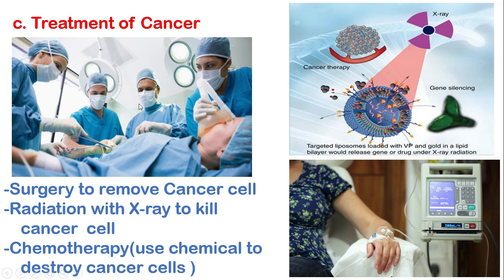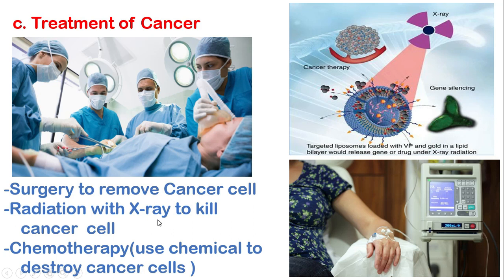The first one is surgery to remove cancer cells. The second one is to use X-rays to kill cancer cells, because X-rays are dangerous and the cell can die because of this ray.